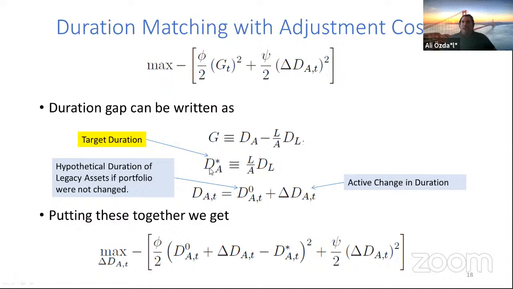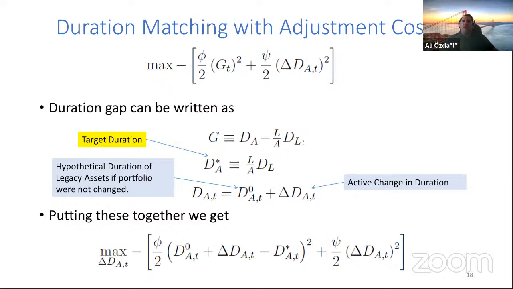All right. And furthermore, we decompose the duration of the assets of the insurance company into two components. The reason we are looking at this is that we are interested in the investment behavior of the insurance companies, that is, how the insurance company changes its duration by buying and selling assets. Therefore, we want to know how much of the change in the duration of the assets is due to active investment behavior rather than exogenous reasons.